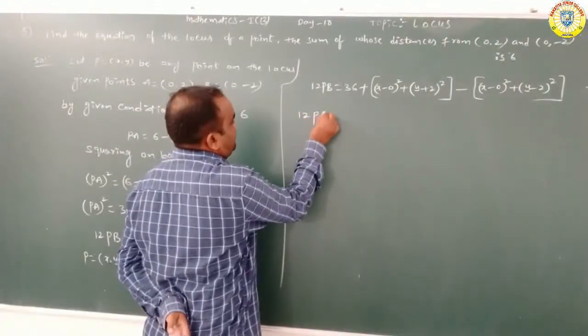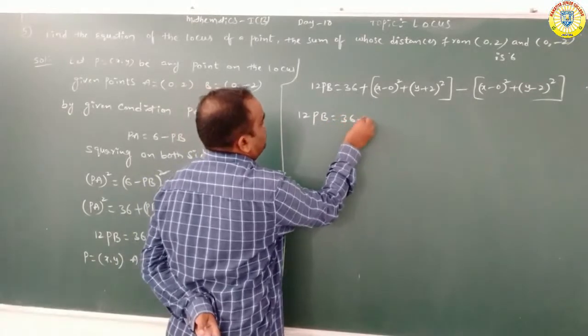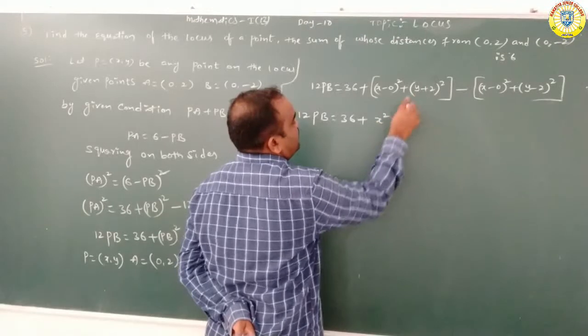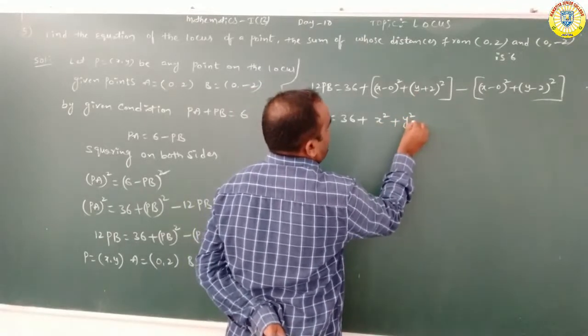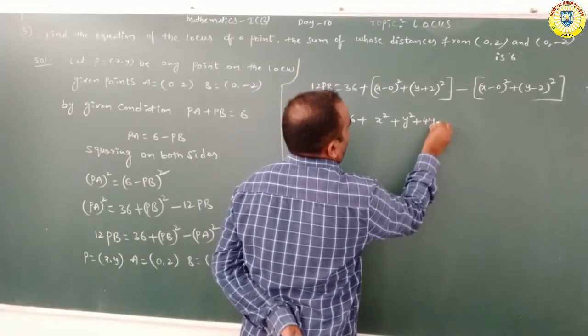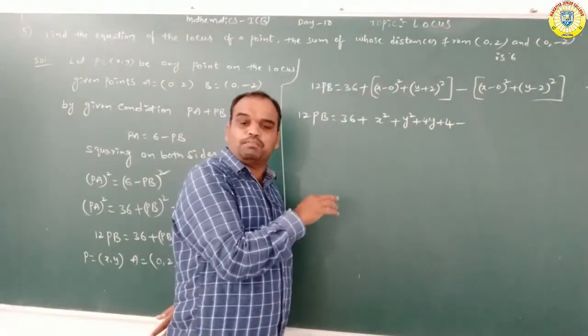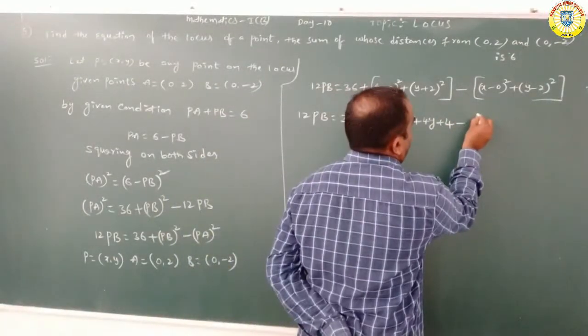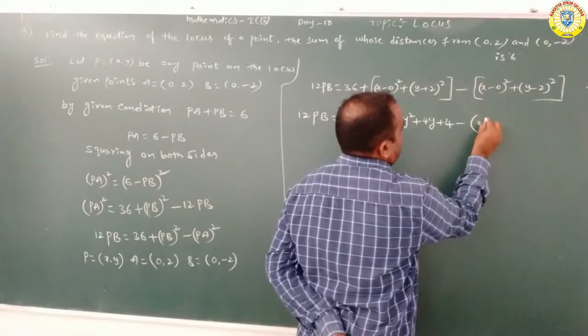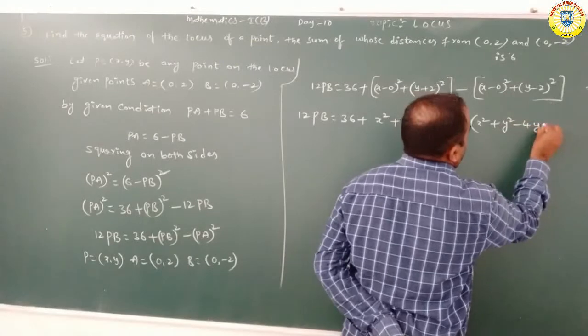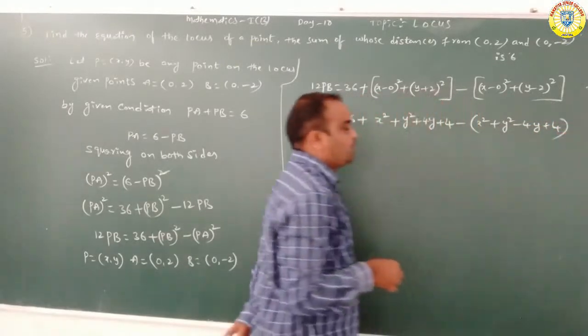12 PB = 36 + (x - 0 is nothing but x) x squared, (y + 2) squared is y squared + 4y + 4, minus of this one: x squared + y squared - 4y + 4.